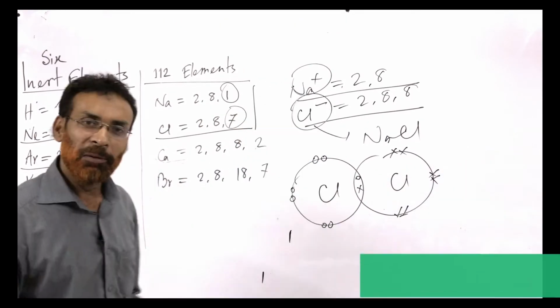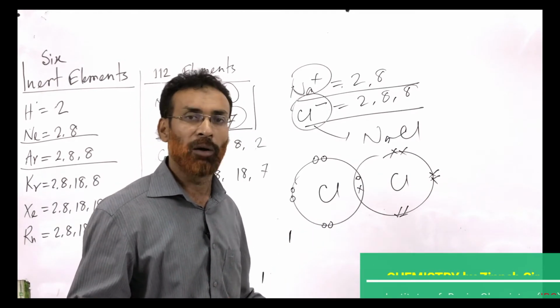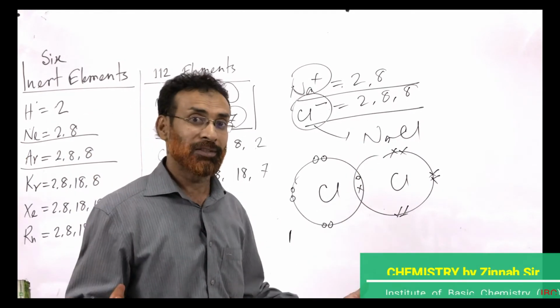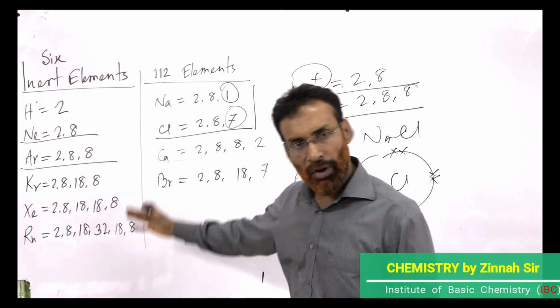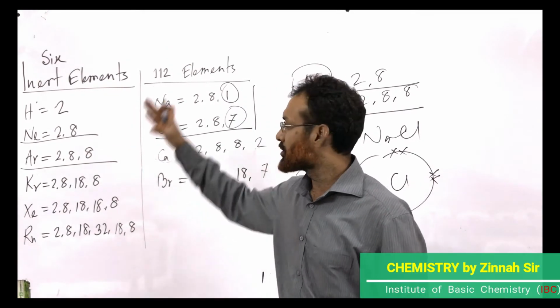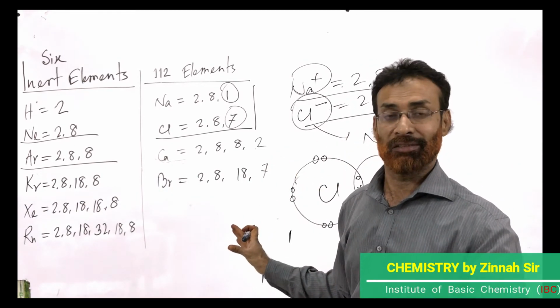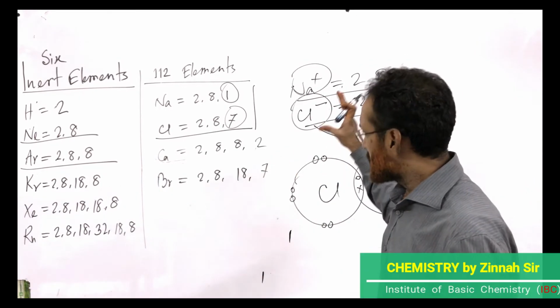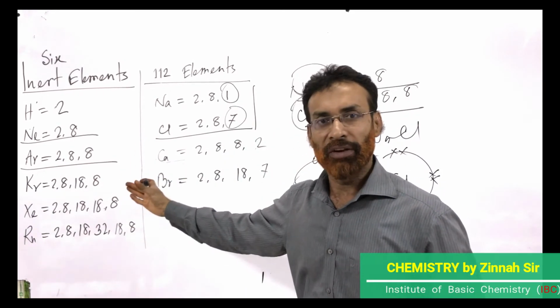That's bonding. And these two are not the only examples. There are so many bonds formed between so many elements. And the main thing is the beauty of creation, we can say. Some elements are already made with a stable electron configuration, but the others are not. But the other elements are also looking for the stable electron configuration.